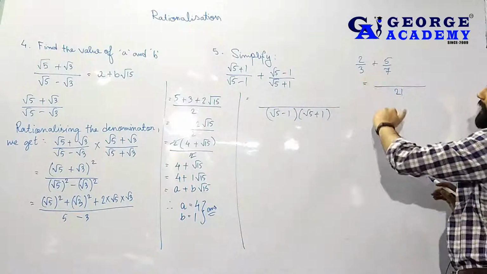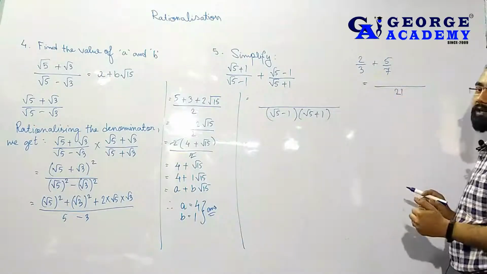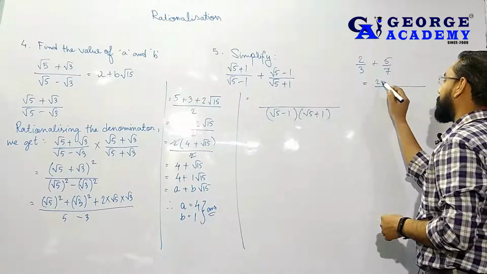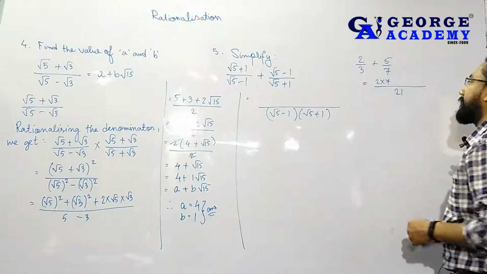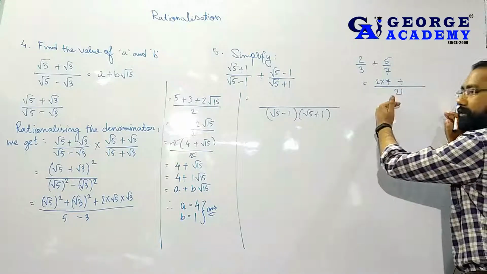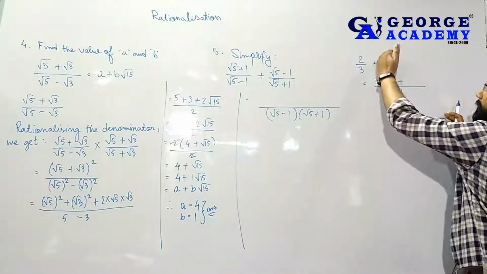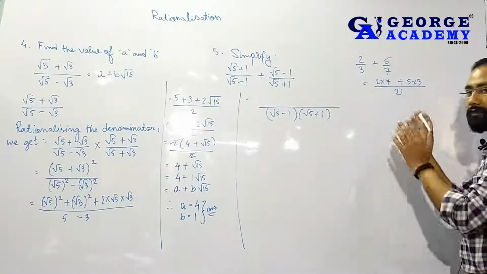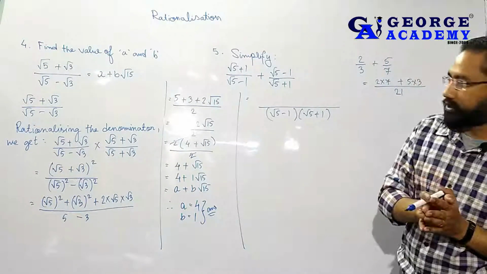Now we compare, 3 into what is 21? 3 into 7 is 21, and we multiply the numerator by that number. That means 2 into 7. Plus 7 into what is 21? 7 into 3 is 21. So we multiply the numerator by that number. That is 5 into 3. This is how we add 2 fractions.